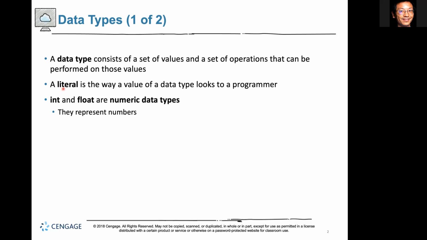Now this literal could come from multiple sources. It could be in the source code, it could be coming from a file, or from communication with a different program over the network.